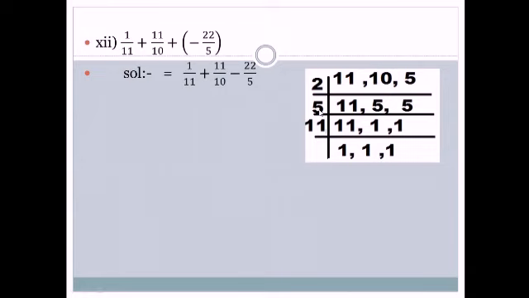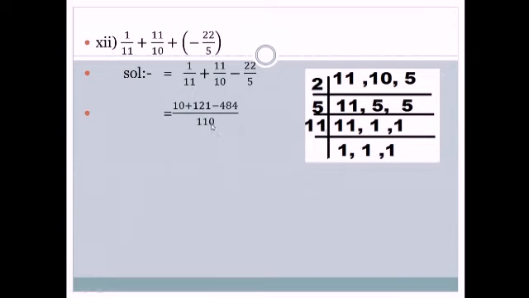The next prime number is 3, it's not divisible by 3, so we check with 5. With 5, 11 is not divisible, 11 we copy as it is. 5 1s are 5, 5 1s are 5. And then with 11, because 11 is itself a prime number, 11 1s are 11. So the LCM is 2 5s are 10, 10 multiplied with 11, 110 is the LCM.